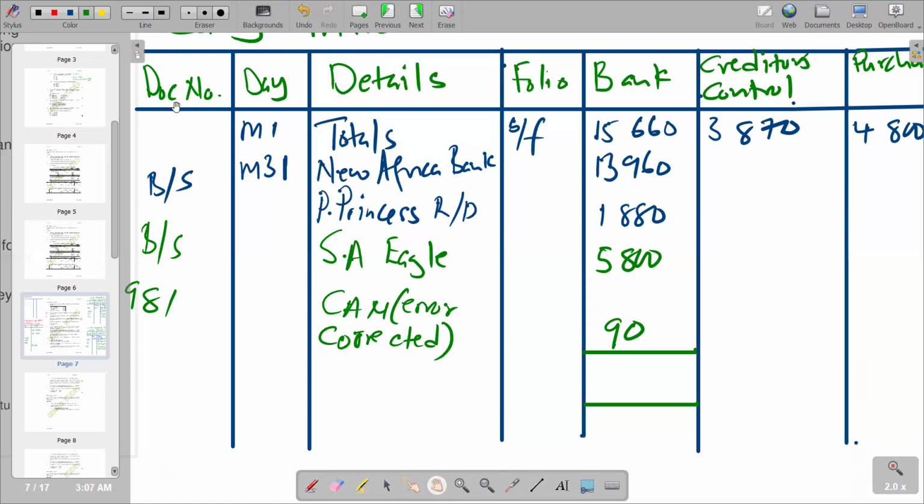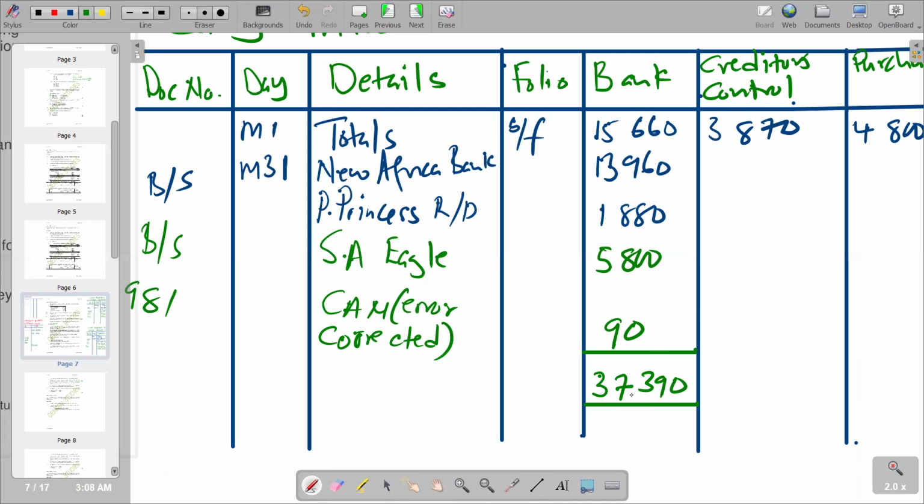And let's try to find out the total that we are going to get there. If you add correctly, you are going to get 37,390. So this is what we have in terms of our cash payment journal.